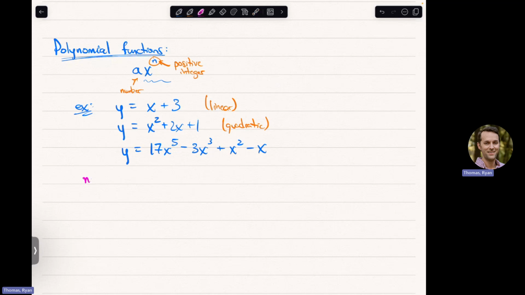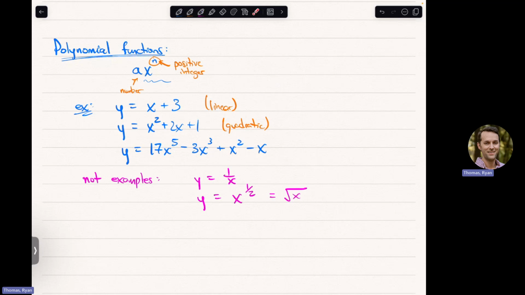So here are some non-examples. One over x, that's a function, but it's not a polynomial function. x to the 1/2, that's not a polynomial because that power is not a positive integer. We'll get more into this later in the semester, but that's the same thing as the square root.